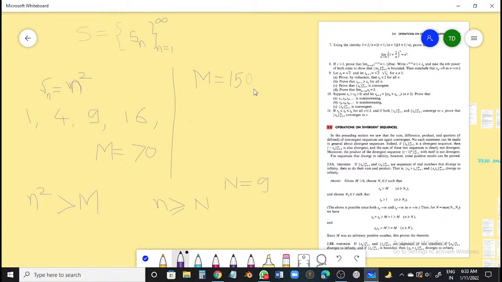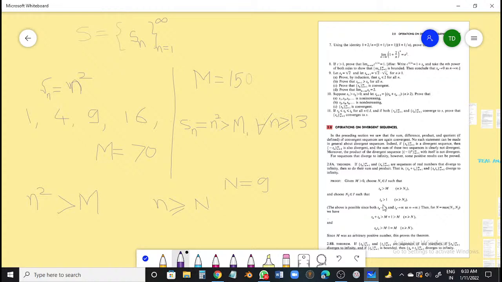So they don't obey this. 13 square is 169. Yes, from 13 on. Meaning if I take n greater than or equal to 13, I find Sn, meaning n square, greater than this particular fixed M, and I can say for all.